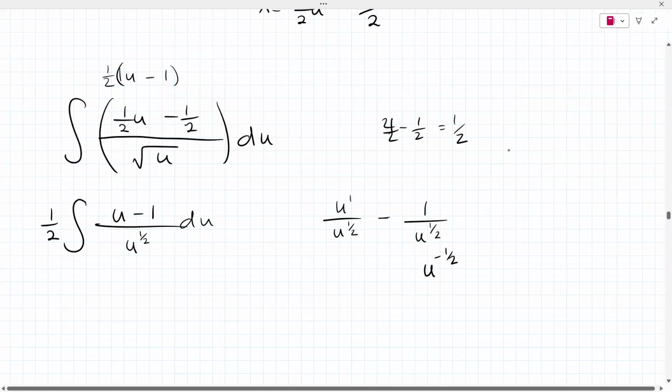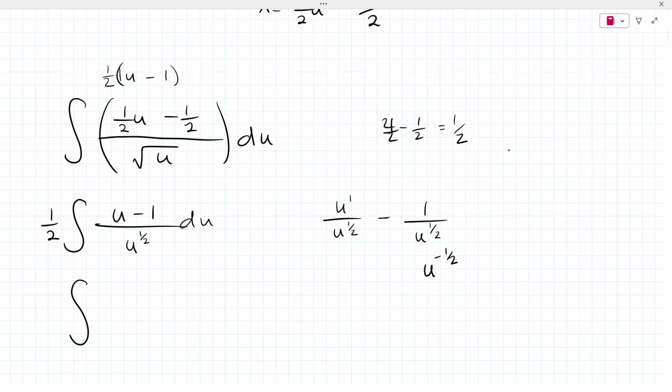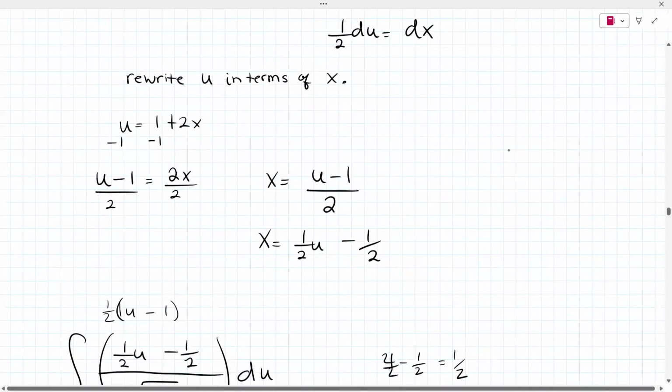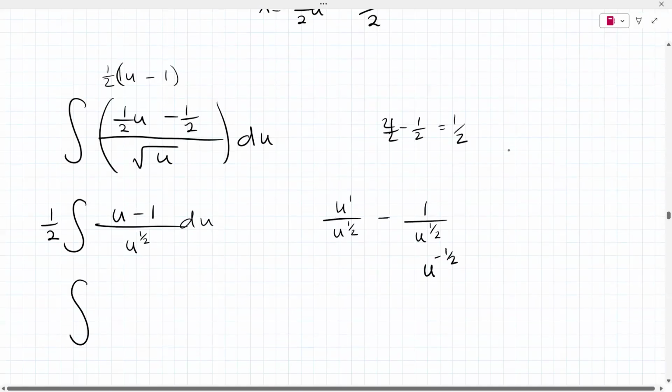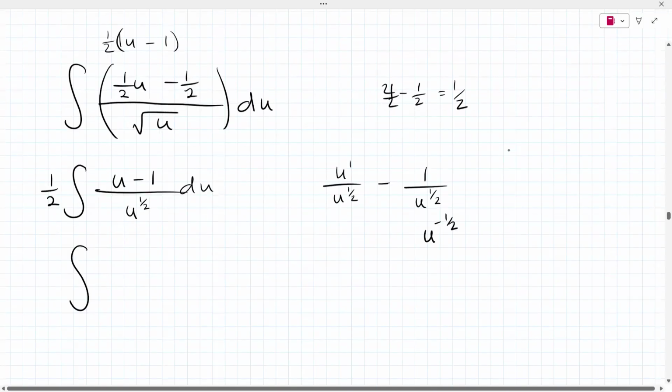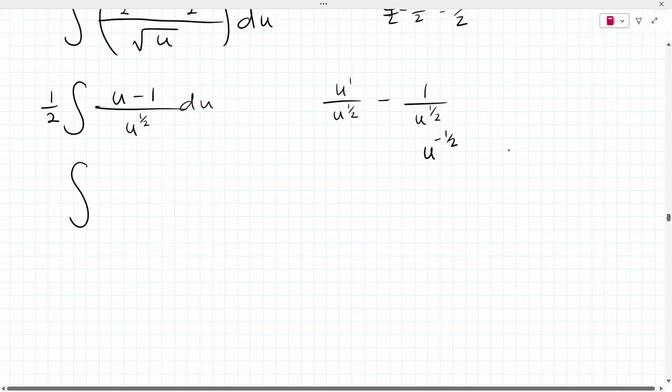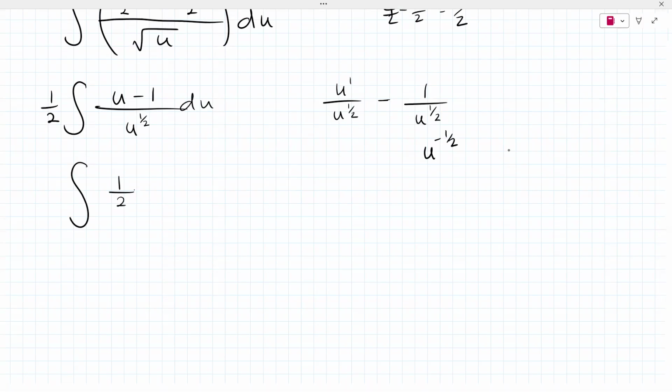When you simplify this, you should get 1/2 u to the 1/2 minus 1/2 u to the negative 1/2, and then you have this constant of 1/2.